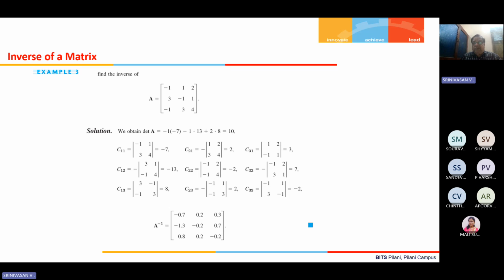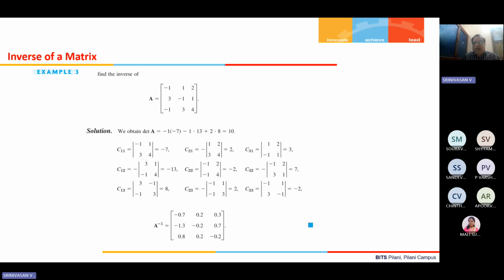Where adjoint A is the transpose of C_JK, that is the matrix of cofactors. That's the reason why, just look here. You may be wondering how we get the answer straight away: because determinant A is 10, we have 1 by 10.